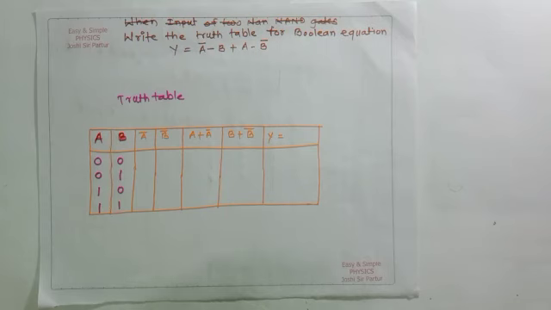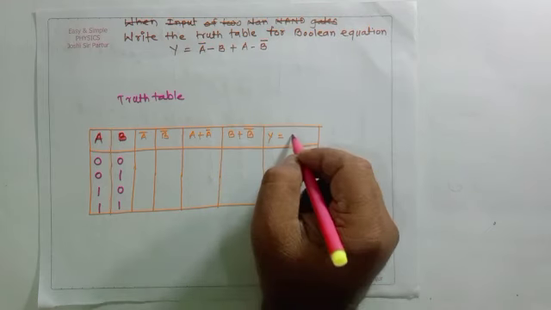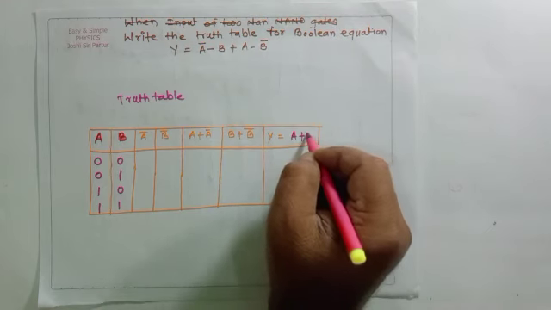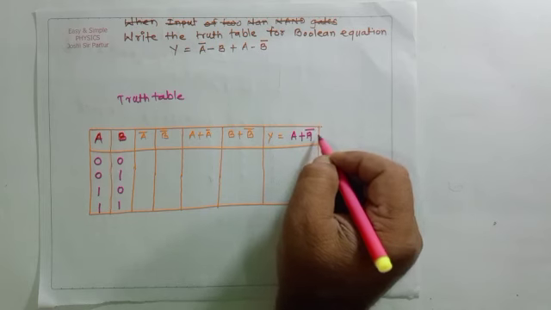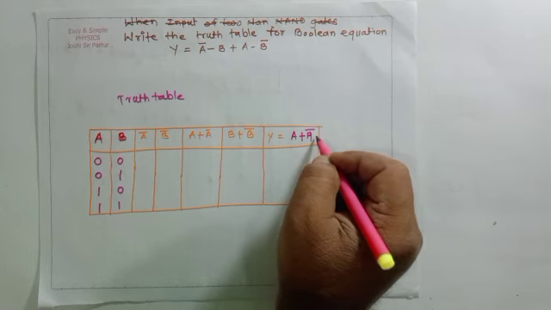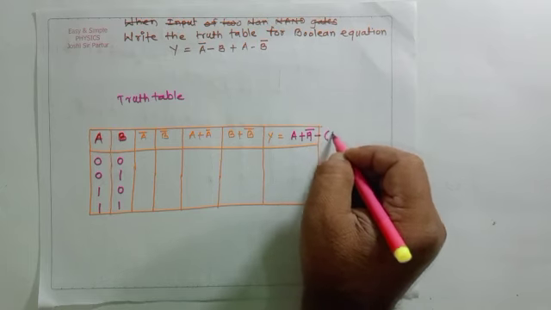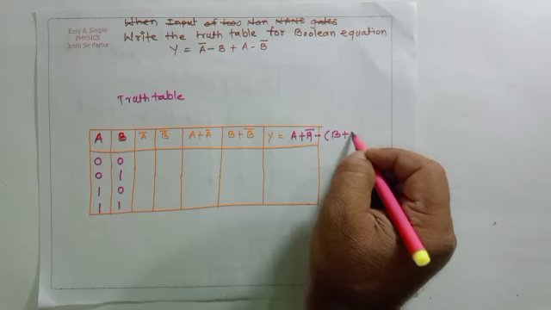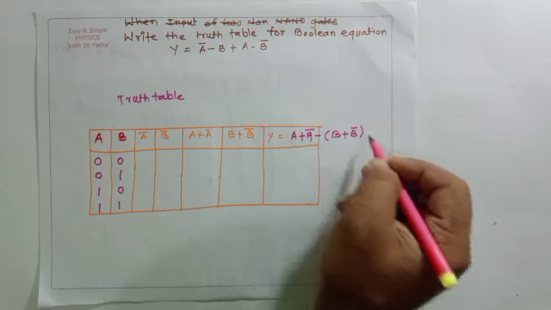So here we can say that the output will be A and A complement, minus B and B complement.